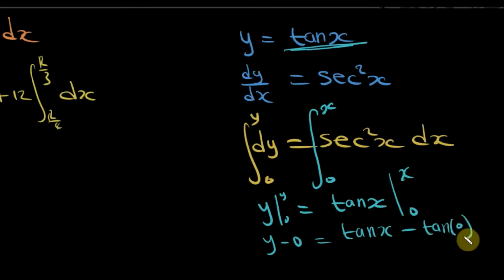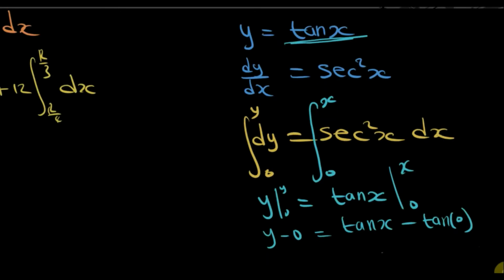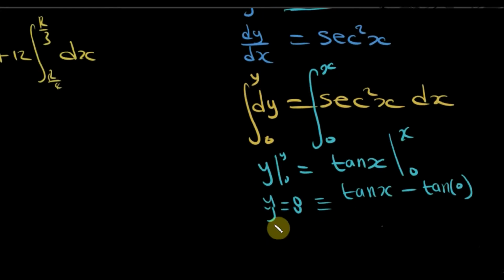Tan of 0, what is that? Tan of 0 is 0. So there you have it. The integral of sec squared x is actually tan x.